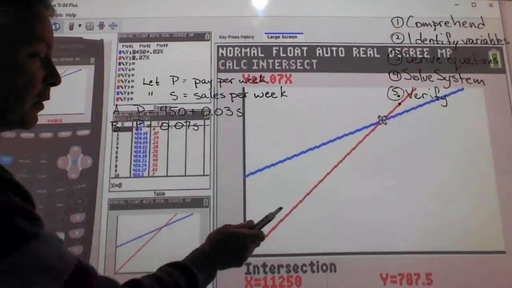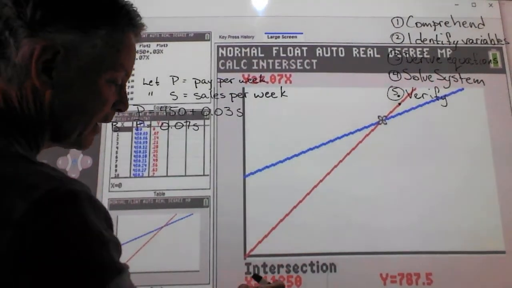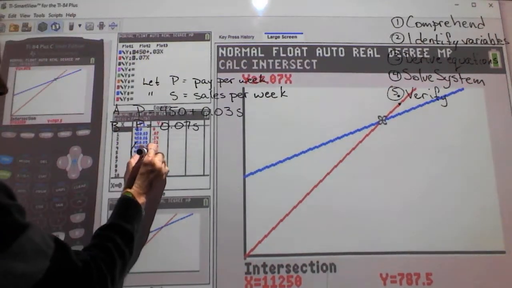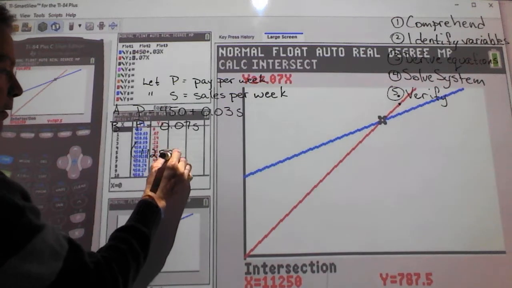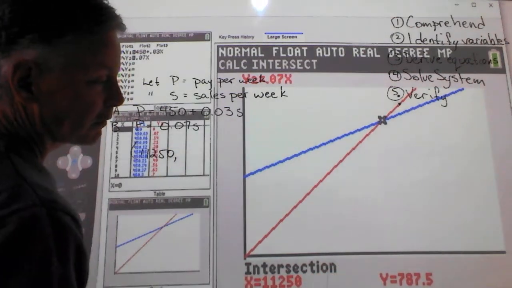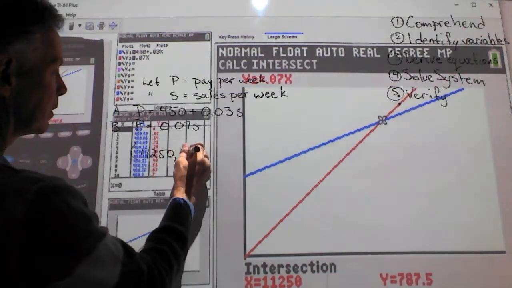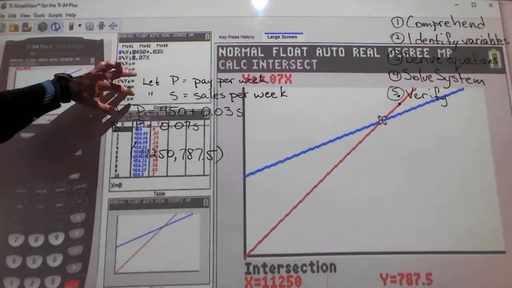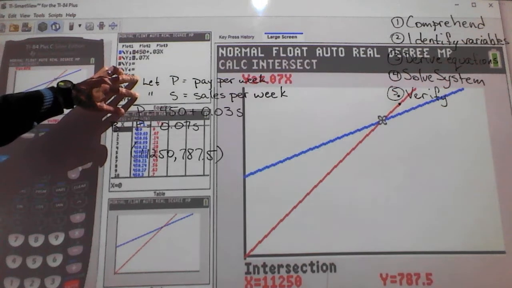It gives you your solution, which is an X value of 11,250 and a Y value of 787.5. Now, before we go any further, let's refer back to our variables. Okay?